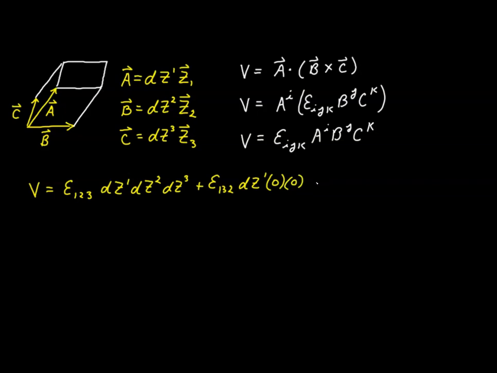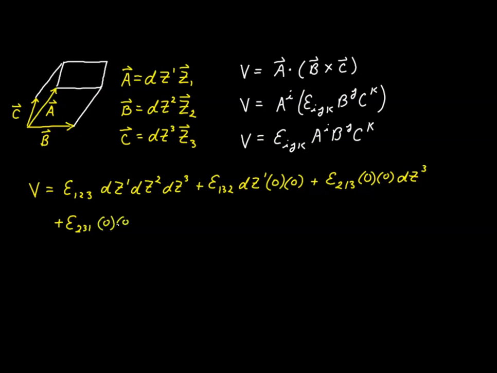All right, next term, epsilon, what do we have? 2, 1, 3 this time. And here we've got A2. Well, for the same reason, this is 0. A only has a component in the one direction. And then we have, let's see, B1. Well, that's also 0. And we have C3. Well, that's dz3. Okay. And the next permutation is epsilon 2, 3, 1. Well, A2 is 0.